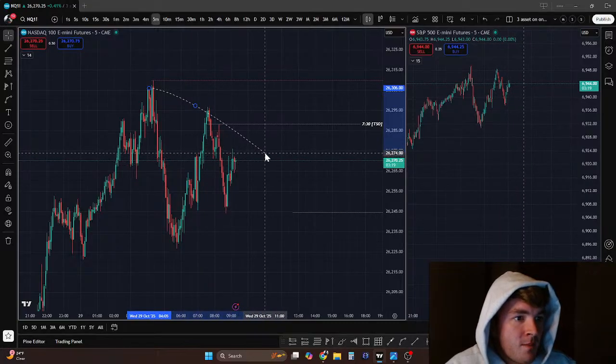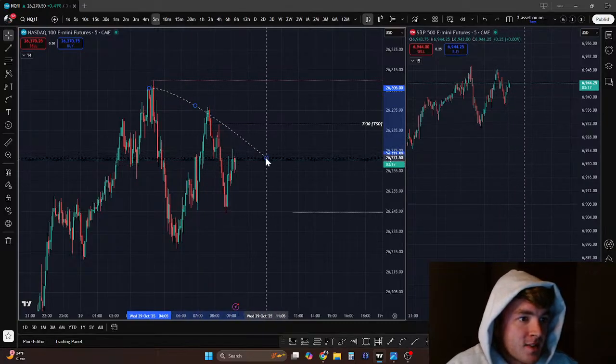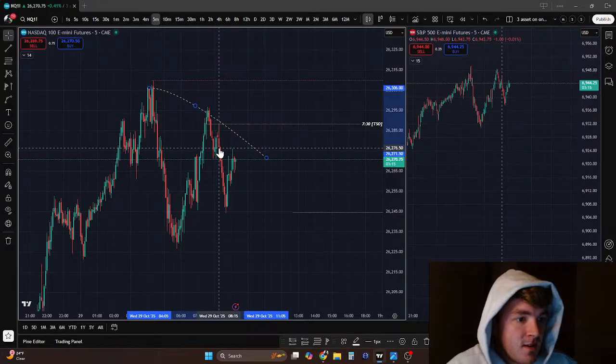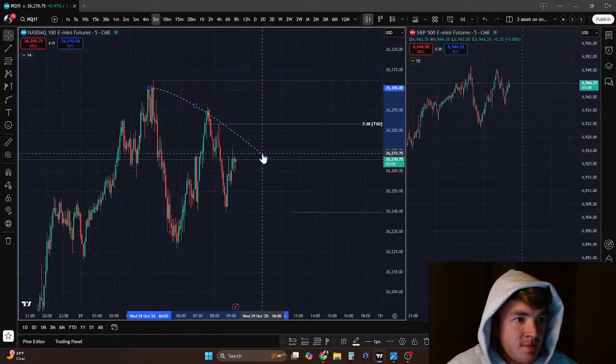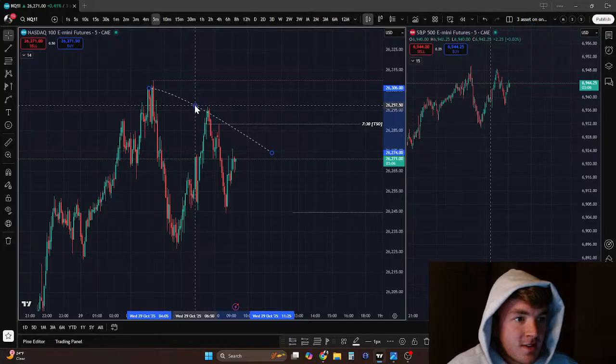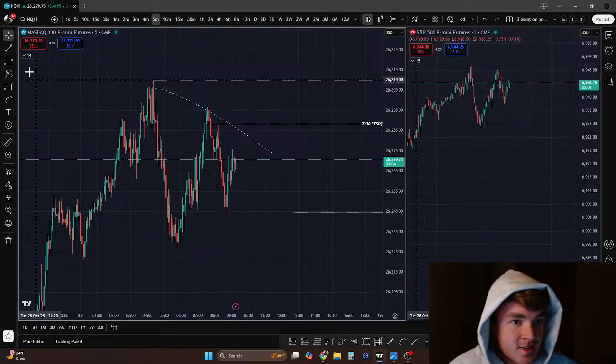So what maybe would get me convinced is, at 8:15 we formed a high. If we formed a 90-minute SMT, bearish SMT above 730, that would be pretty convincing, honestly.